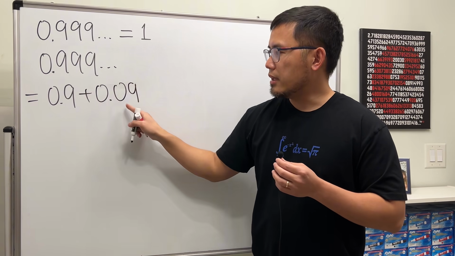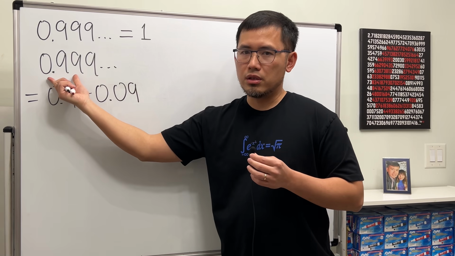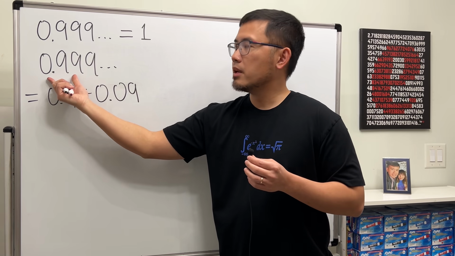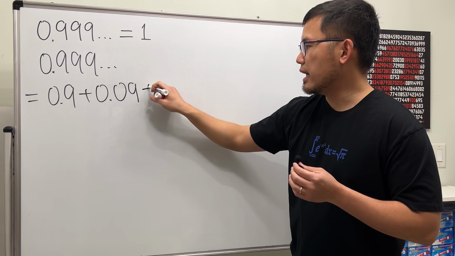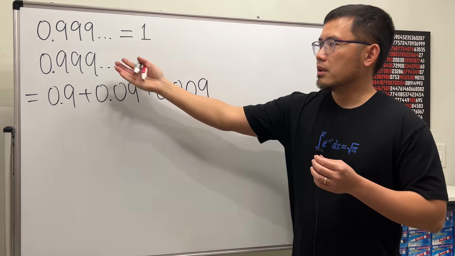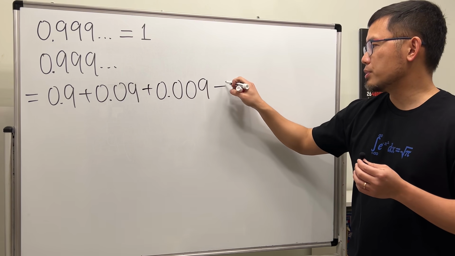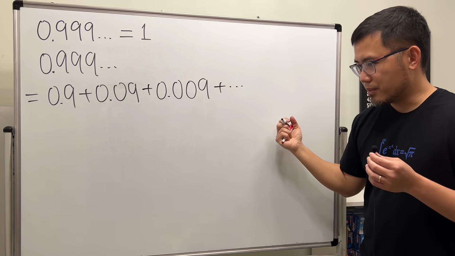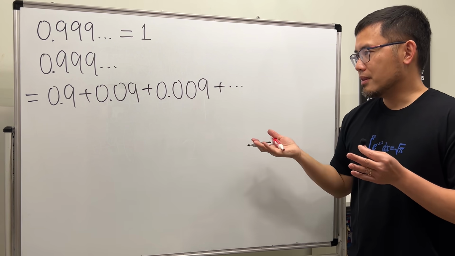If you add this and that up, you agree that this is equal to 0.99. To continue, let's add 0.009. This keeps on going forever, so I just put plus ... forever.